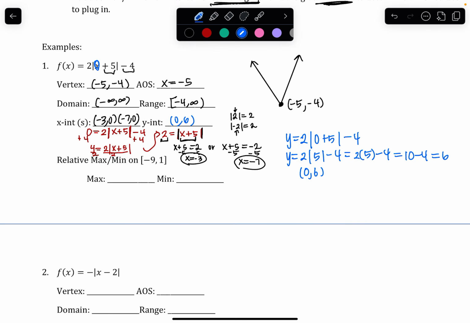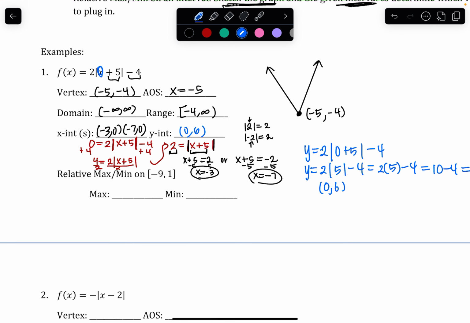Okay, and now we need to find the relative max and min on negative 9 to 1. So these are x values. Okay, and so negative 9, if this is my graph, I like to at least label where the vertex is.